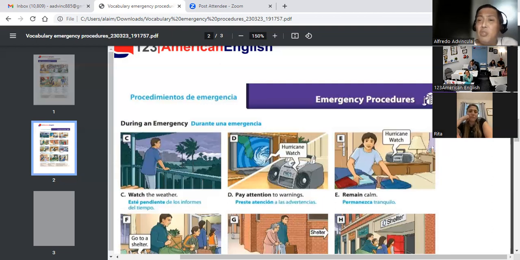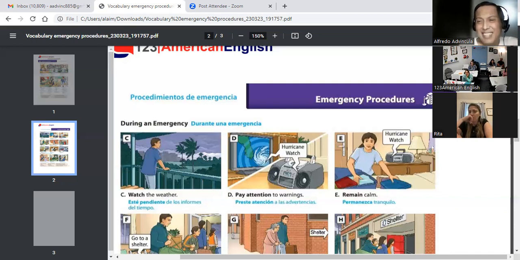And sometimes they use the word evacuate. Can anybody tell me what the word evacuate means? Left the house. Yes, leaving. It's to leave wherever you are.